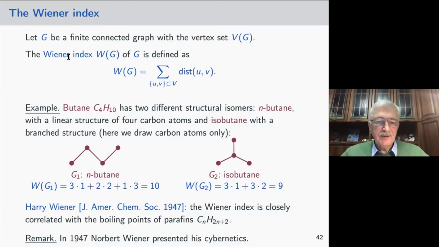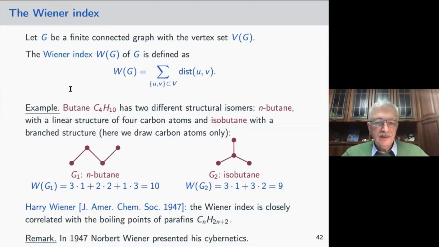If you take a very simple graph, corresponding for example to butane, you have 4 atoms of carbon and 10 atoms of hydrogen. Usually in these graphs, people draw only carbons. There are 2 structural isomers. The number of atoms is the same, but the graphs are different. One isomer, G1, is n-butane, and the other, G2, is isobutane. You see there are 4 vertices, but the graphs are different.